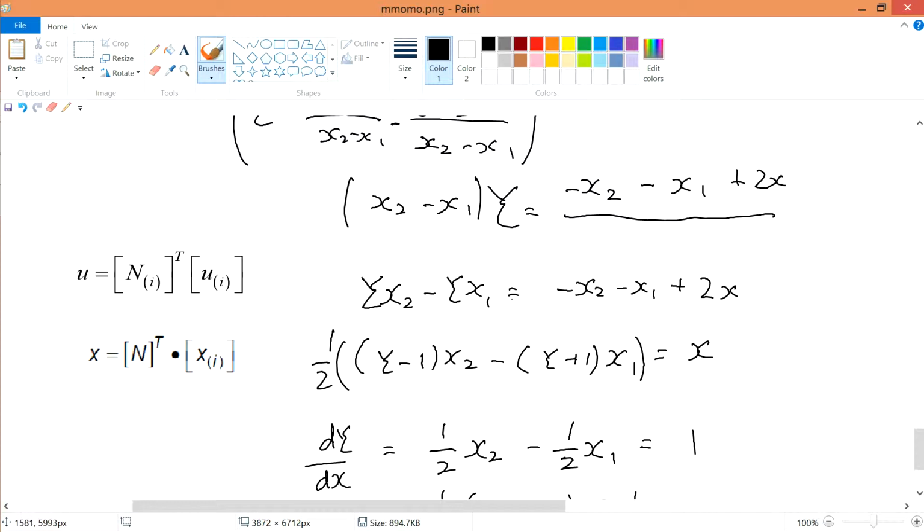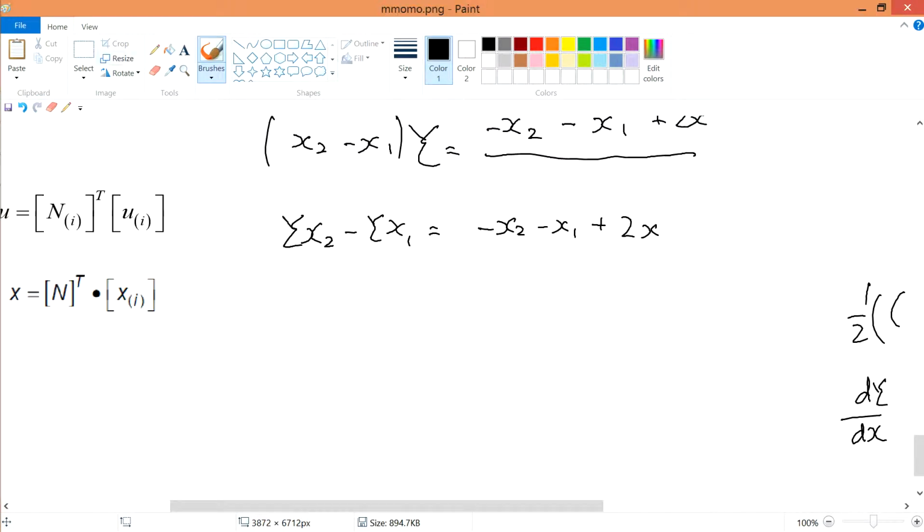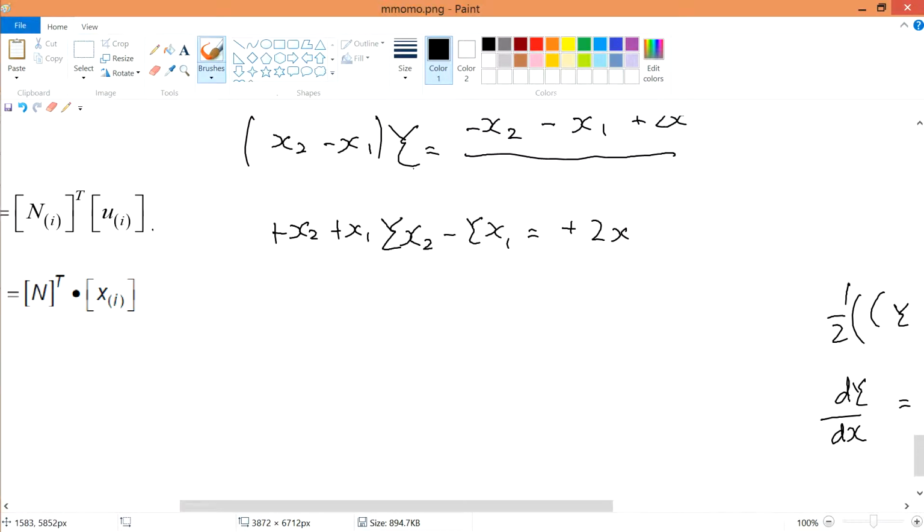And then what we're going to do next is to isolate the x. So what I do is to bring this to the side. Therefore I have plus and plus is equal to plus 2x. Maybe I should have a plus over here. Next I'm going to divide everything by 2, because I'm going to bring this 2 down.